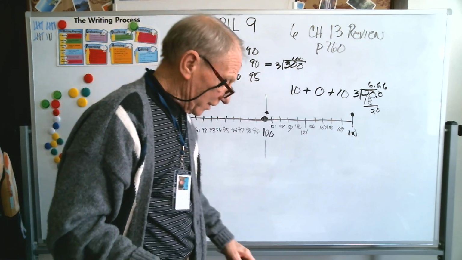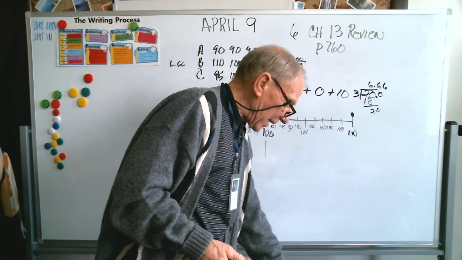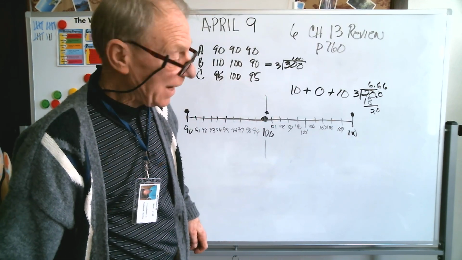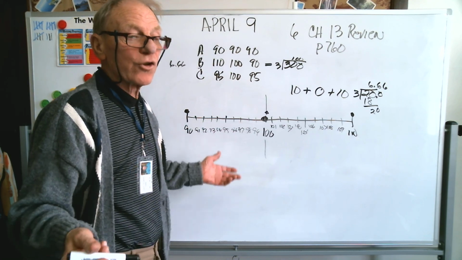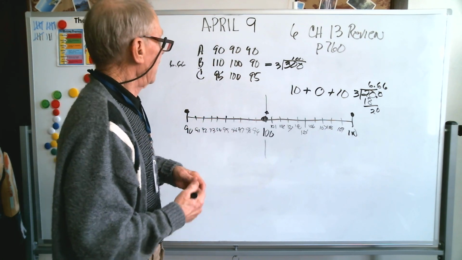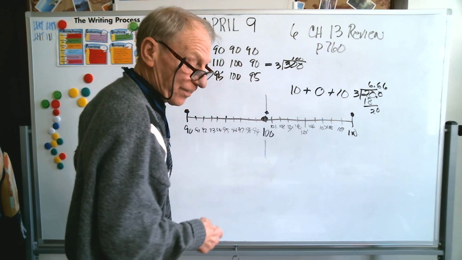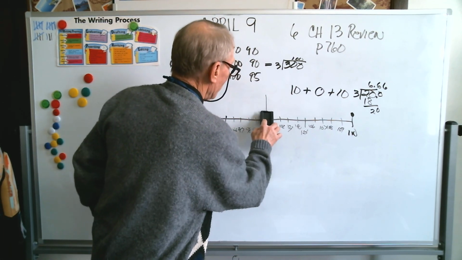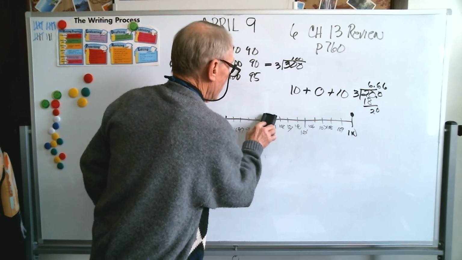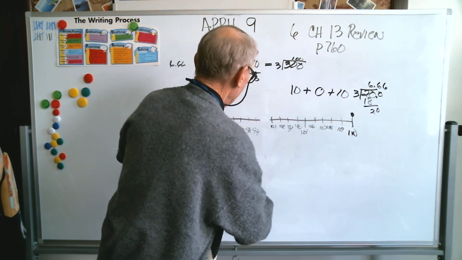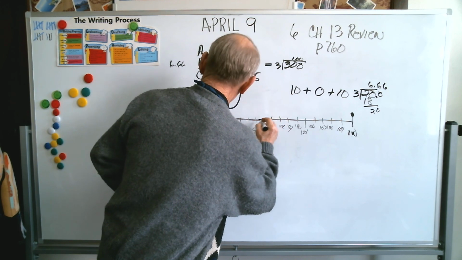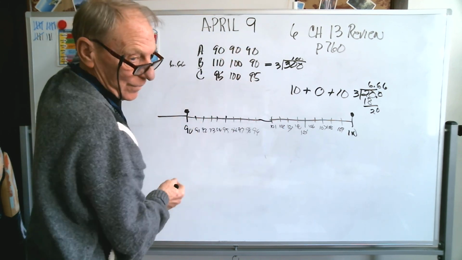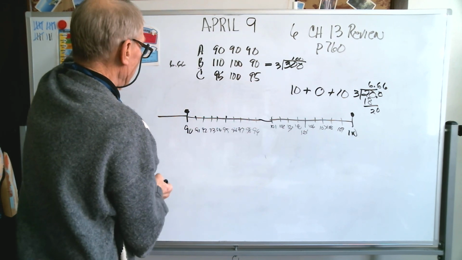What's the next question? The mean absolute deviation of player A's score is 0. And, well, yes, it would be. You can just look at it and know it's 0. Because on that number line, that mean is going to be at 90, because 270 divided by 3 is 90.